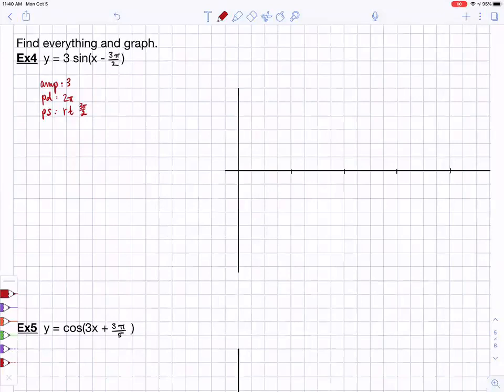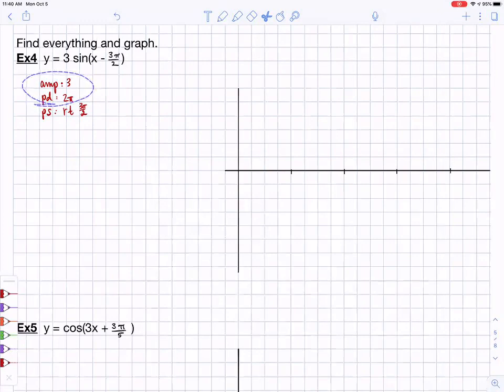Now on this one, I should rewrite my notes. I haven't, but can we think ahead for a minute? Think ahead. Don't write anything down. I want you to just listen to what I have to say. Forget the shift for a minute and only focus right now on the amplitude and the period.